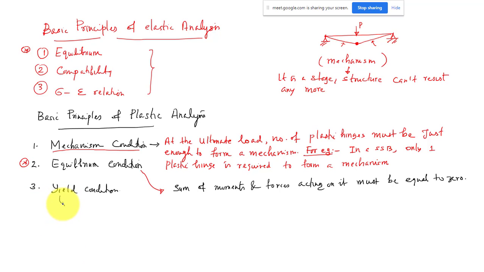And the next one is the yield condition. The yield condition means the plastic moment must not exceed anywhere in the beam or anywhere in the structure.